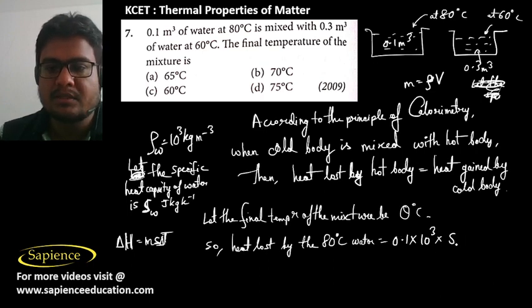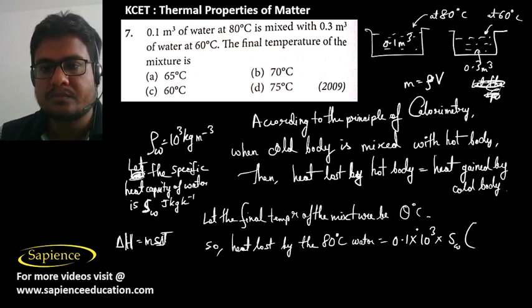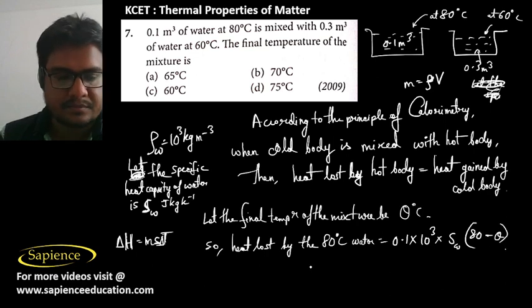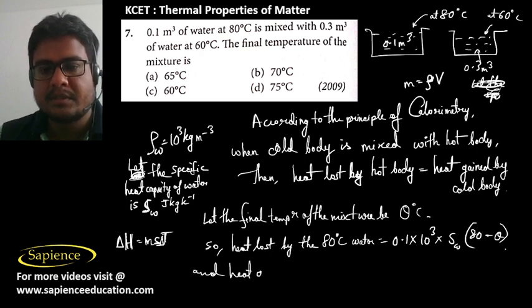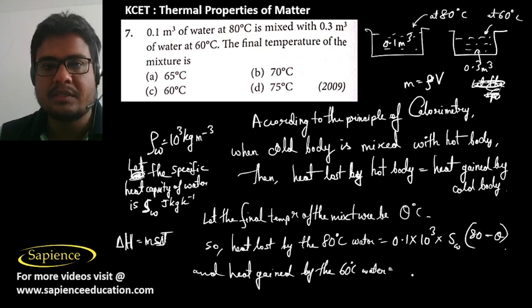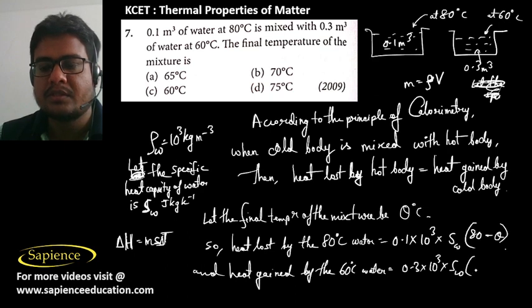So this will be SW into 80 minus theta for the heat lost, since the temperature decreases. And the heat gained by the 60 degree Celsius water will be mass, which is volume into density, into specific heat into theta minus 60 degree.